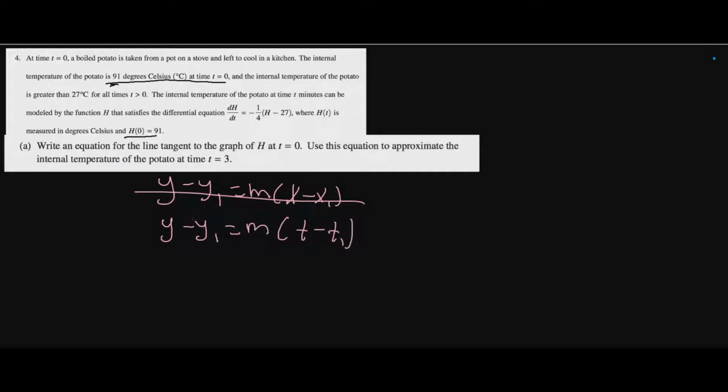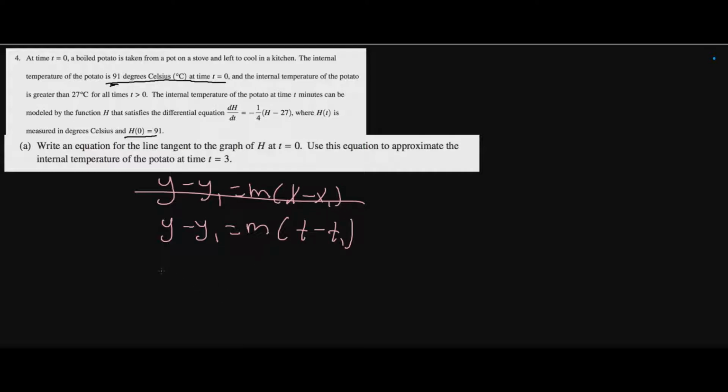Y is pretty much universal, so regardless of whether it's h, b, p, m, n, it doesn't matter. We can leave it as y minus y1. We do need to change the t's because our input is t in the problem, so we want to make sure it's t, and a regular old equation is always y equals, right?